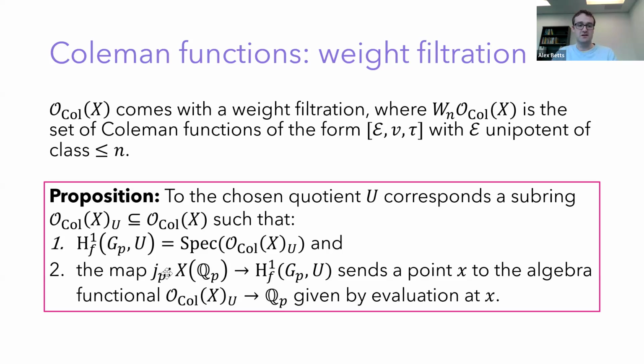Secondly, the local Chabauty-Kim map from the Q_p points of X to the local Selmer scheme, i.e. to the spectrum of this ring of Coleman functions, just sends a point to the evaluation at x functional. So the map j_p is given by Coleman functions.